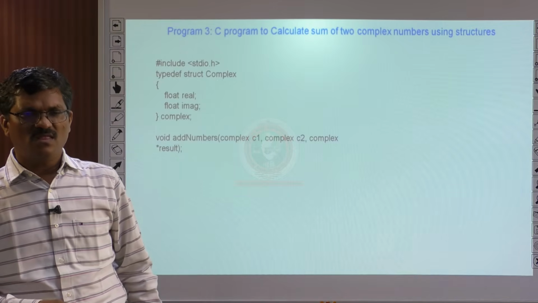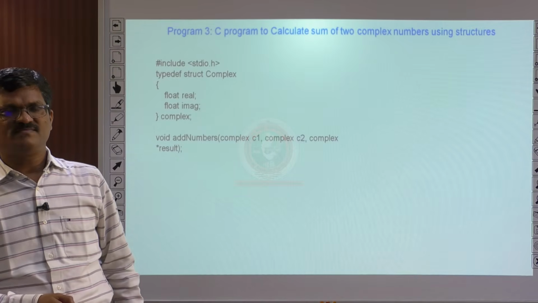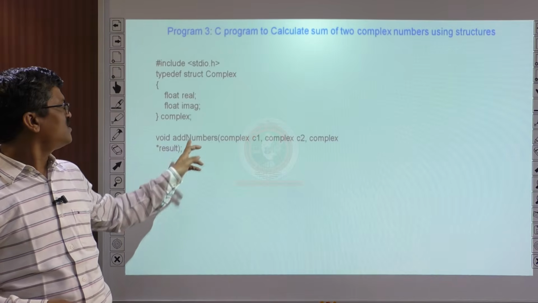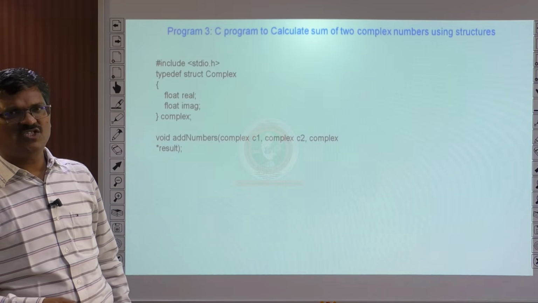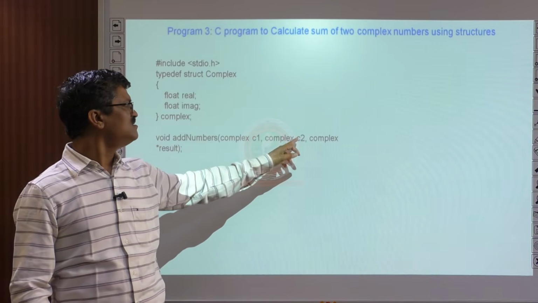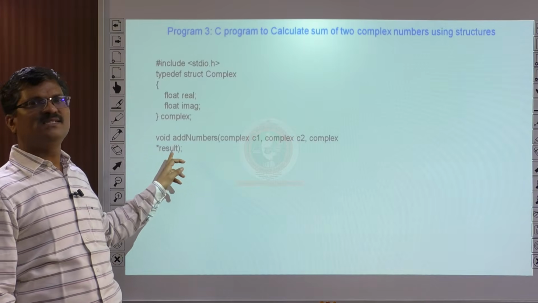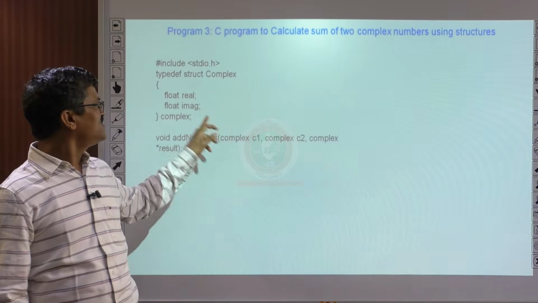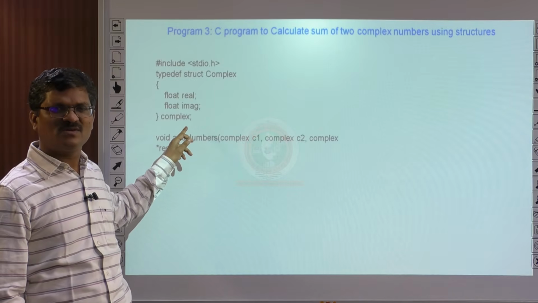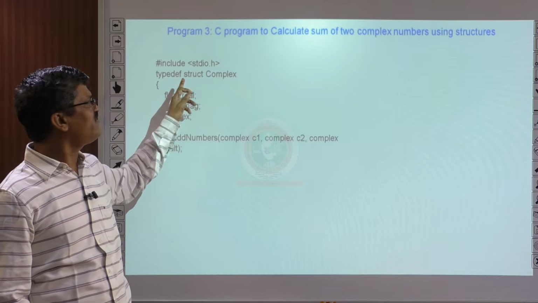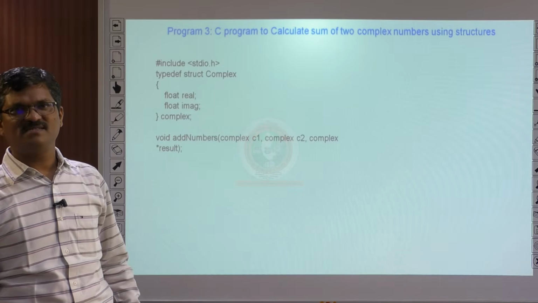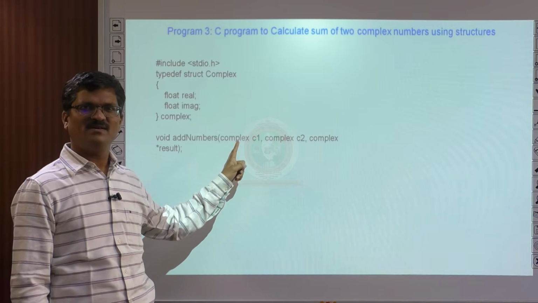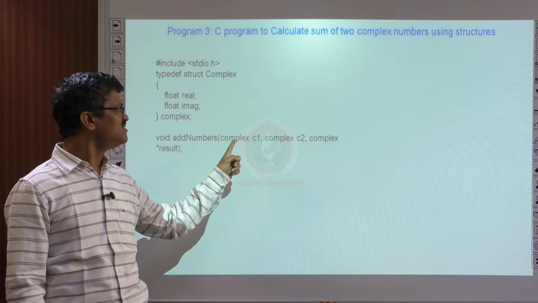So, I declare a global prototype called add numbers, which takes C1, C2 and result as arguments. But observe here, since I have defined a new data type complex, which is a typedef for struct complex, I can directly define C1 to be of type complex, which is a struct complex.